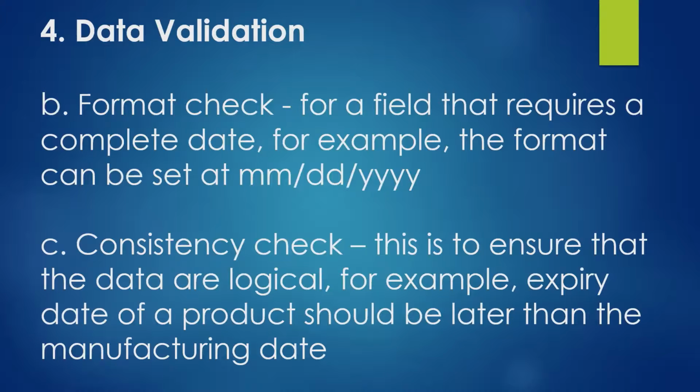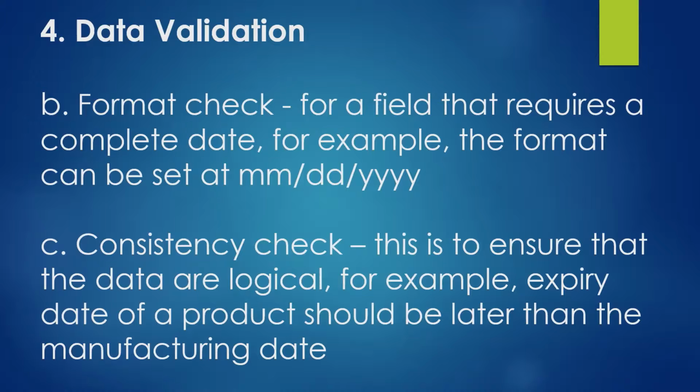Then next is the format check, where for a field that requires a complete date, for example, the format can be MM for month, DD for day, and YYYY for year. Of course, you can also include a control there for the months, such that only months 1 to 12 would be accepted. If a wrong month, like say 13, is encoded, it would be rejected during encoding.